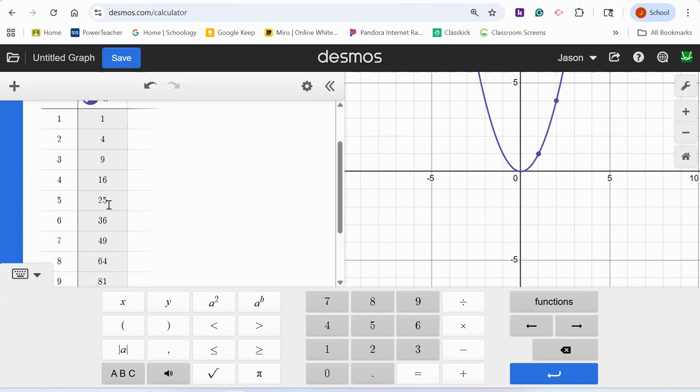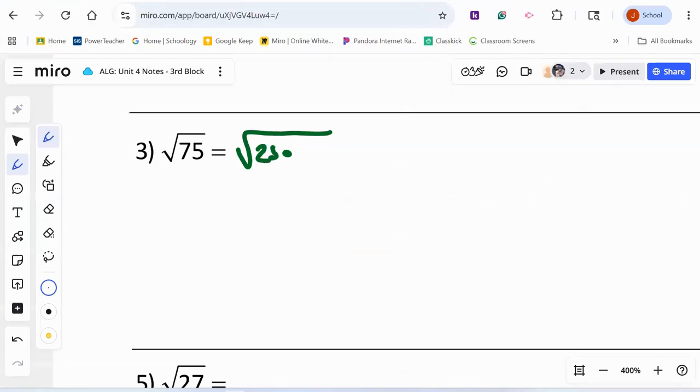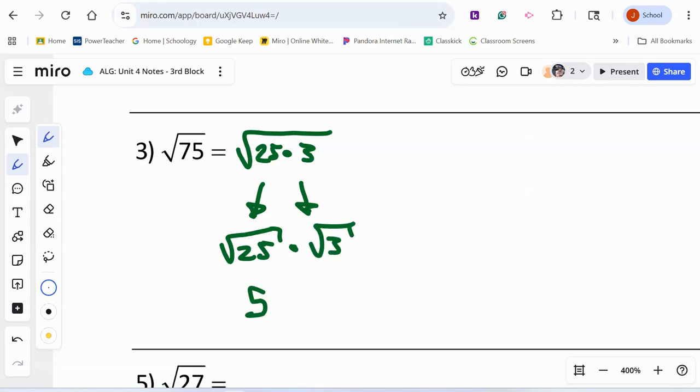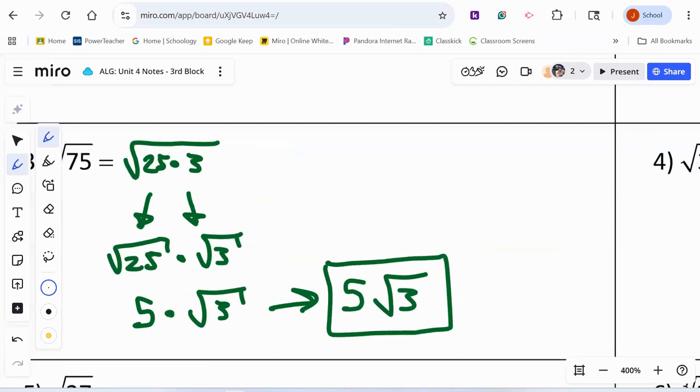And if you keep going, nothing's bigger than 25. So we can rewrite 75, guys, as 25 times 3. Then it can split into 2 square roots here. And the square root of 25 becomes 5 times the square root of 3. And so we get 5 square root of 3 is the simplified form of the square root of 75.